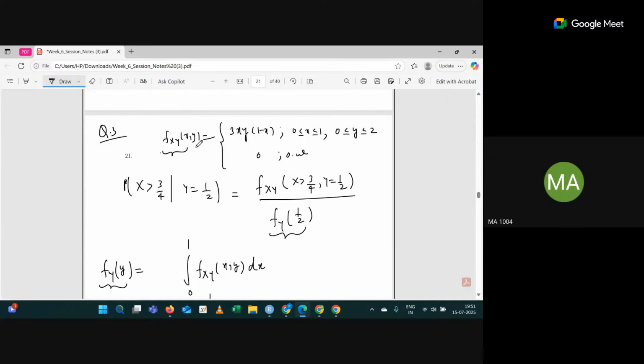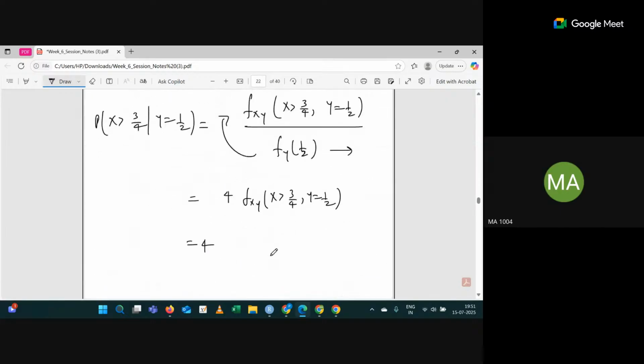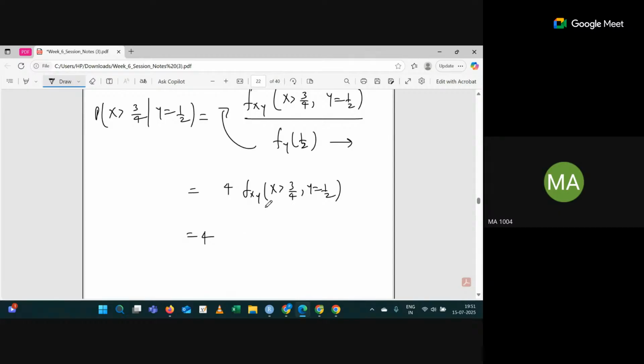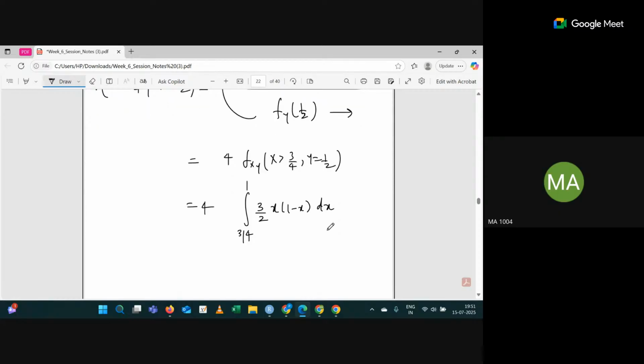So what is y? I'm substituting y as a half, so it will be 3 by 2. So what I have to do here, tell me. I have to integrate x from 3 by 4 to 1. This is 3 by 2 x into 1 minus x dx. Is this okay? Is this clear to all of you?